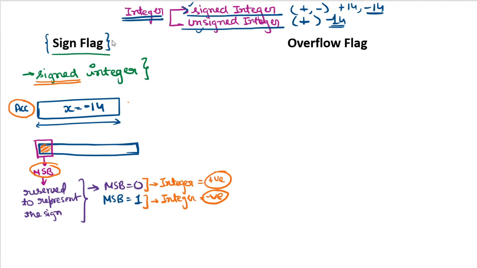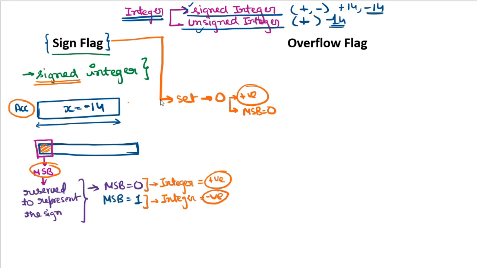Therefore, sign flag is nothing but a flag that is set to 0 when the integer is positive, which also means when MSB is 0.